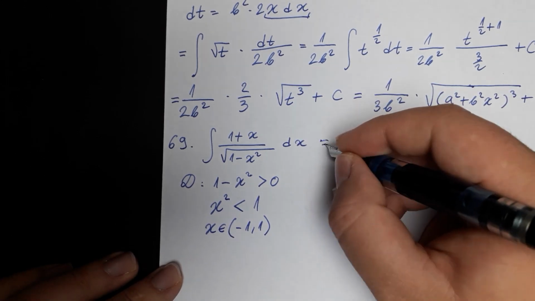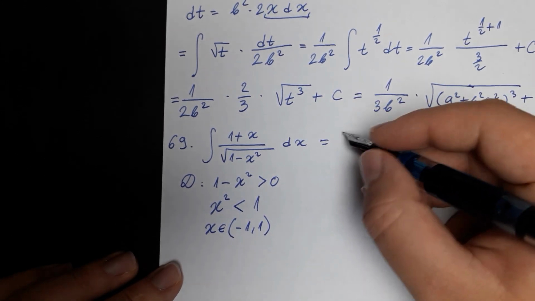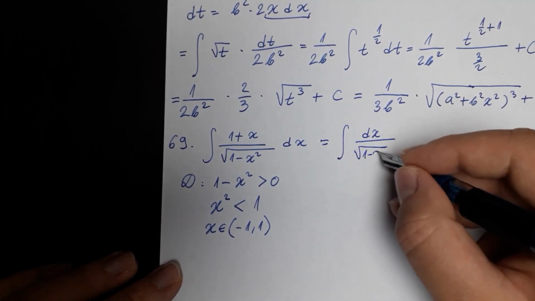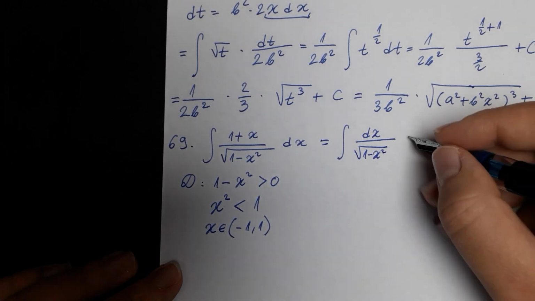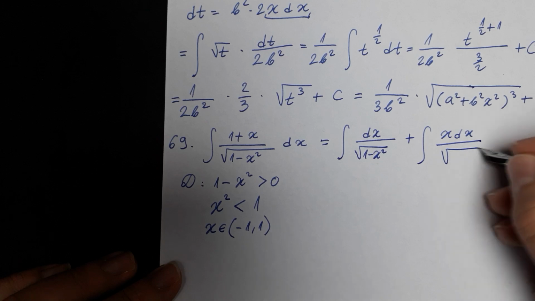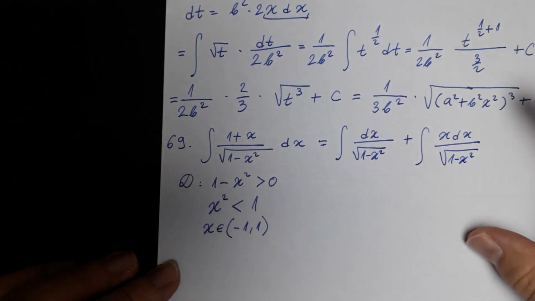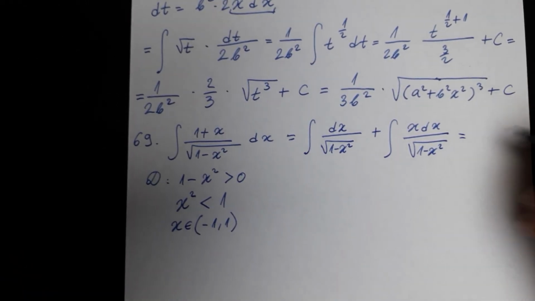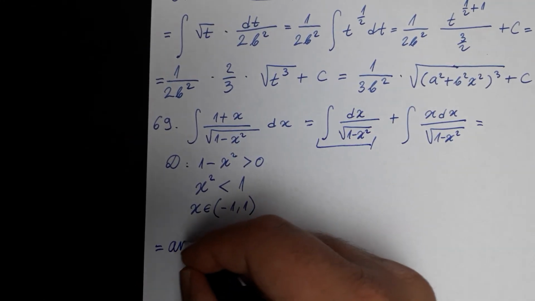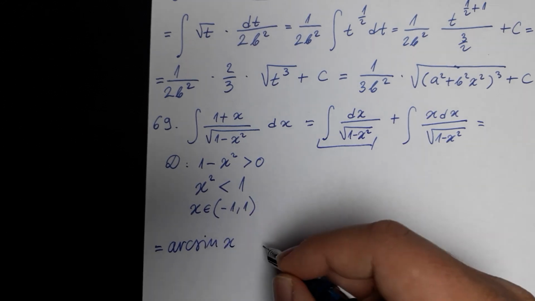Now this integral is then equal to an integral of dx divided by a square root of 1 minus x squared plus an integral of x dx divided by a square root of 1 minus x squared. This is a table integral equal to arcus sine of x.